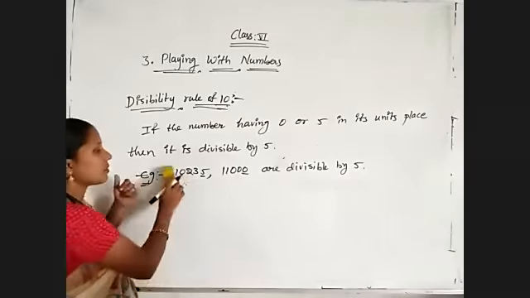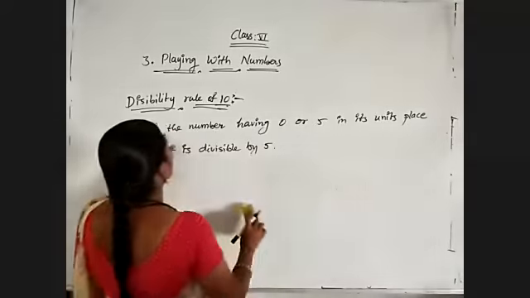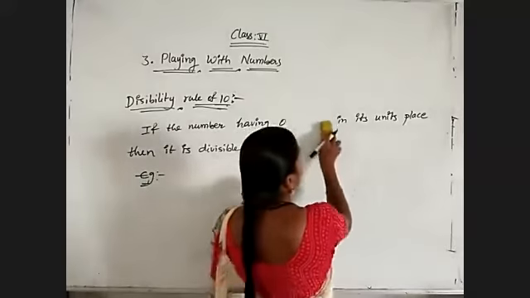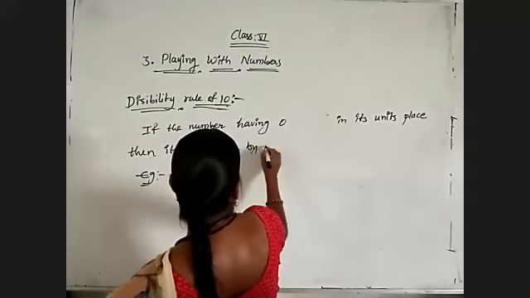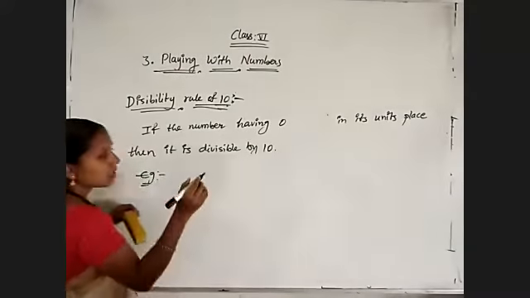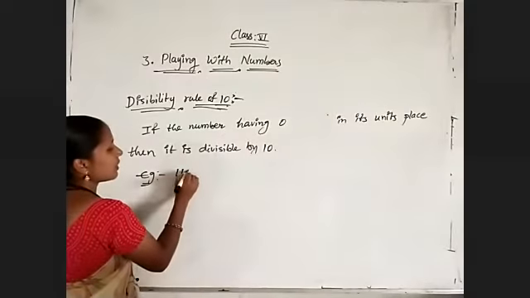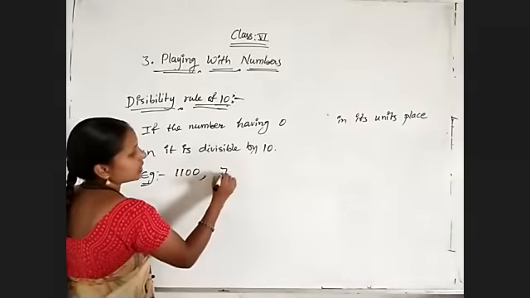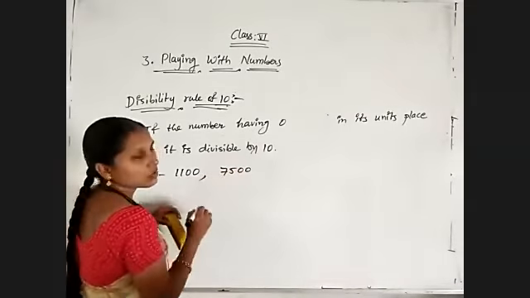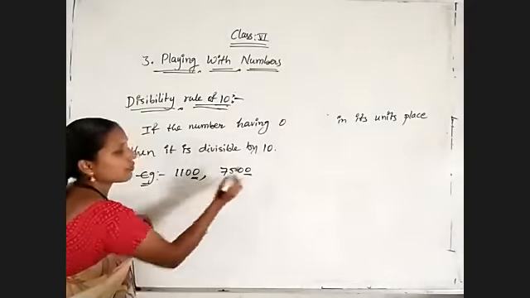Otherwise it is not divisible by 10. So if the number has 0 in its units place, then it is divisible by 10. Only 0 we must get. Examples, 1100 and 7500. Compulsorily the last digit must be 0.